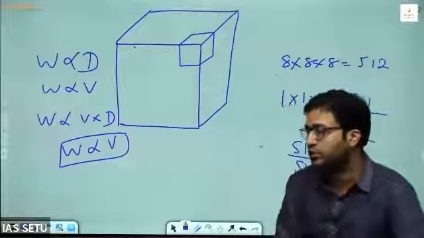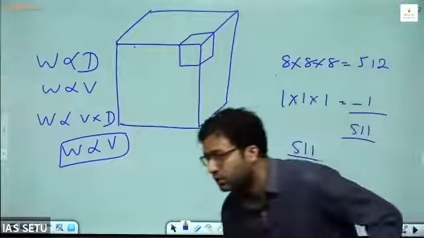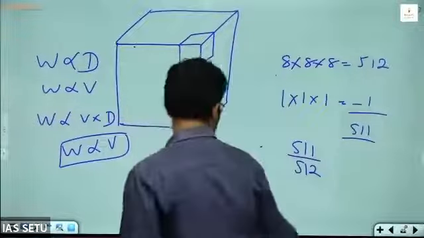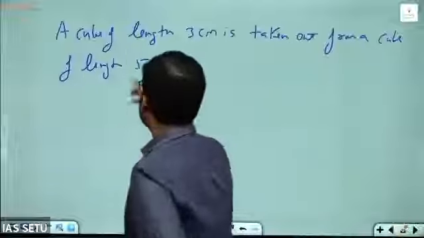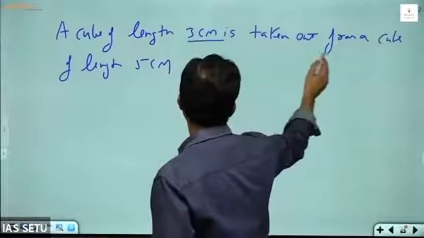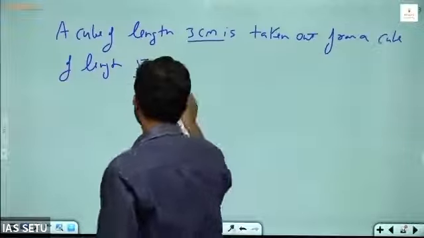अभी मैंने क्वेश्चन पूछा ही नहीं, लोग आंसर लिखे जा रहे हैं और गलत भी लिख रहे हैं. A cube of length 3 centimeter is taken out from a cube of length 5 centimeter.